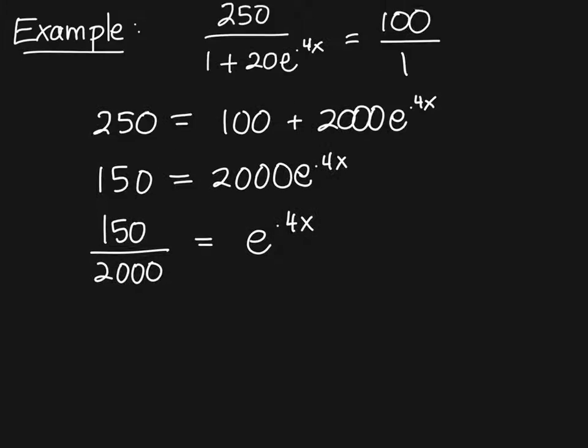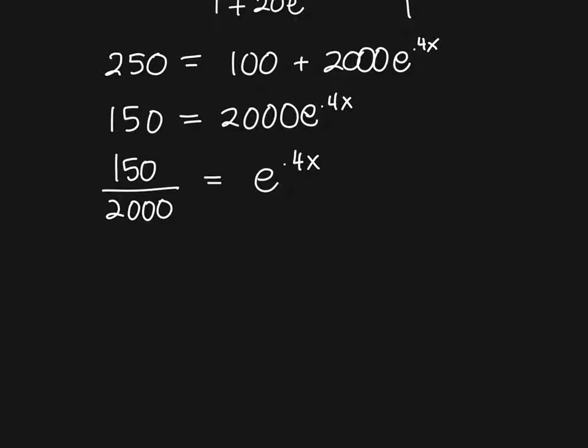You should reduce the 150. They clearly both have zeros, so I can reduce the zeros. That leaves me with a 15 and a 200. So a 5 goes into both of those. So it's 3 over 40 equals e to the 0.4x.